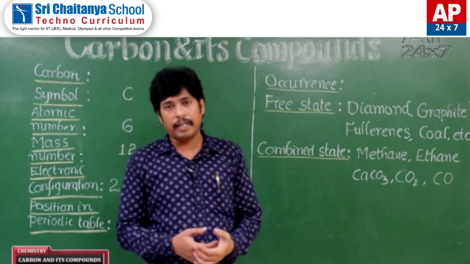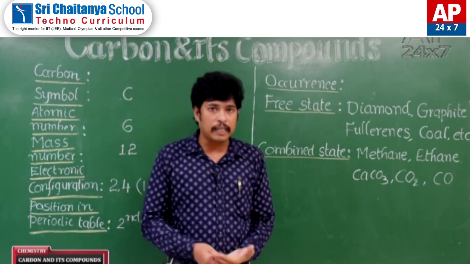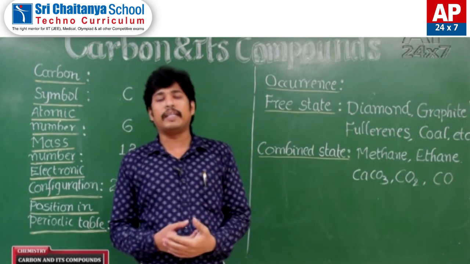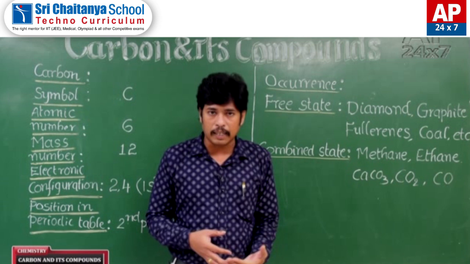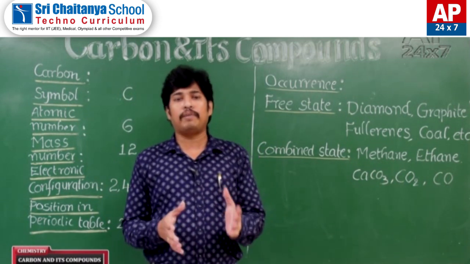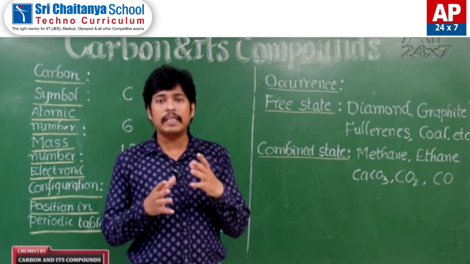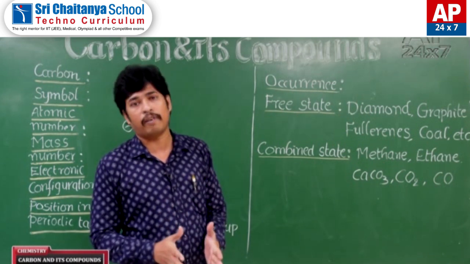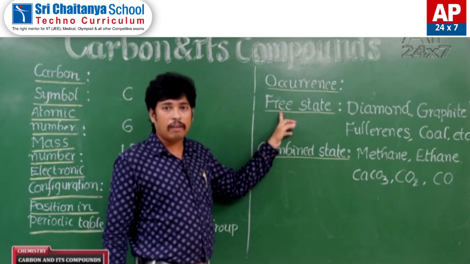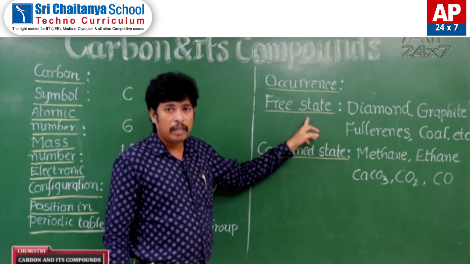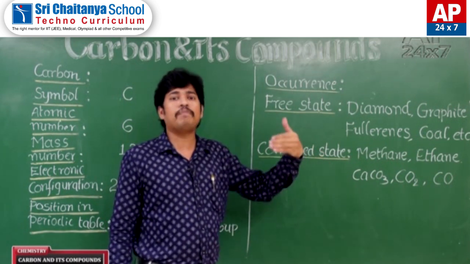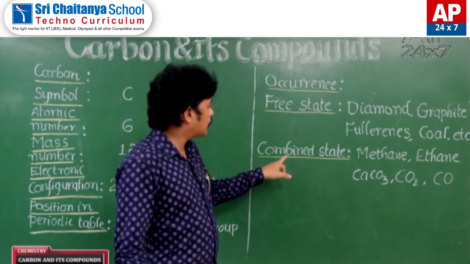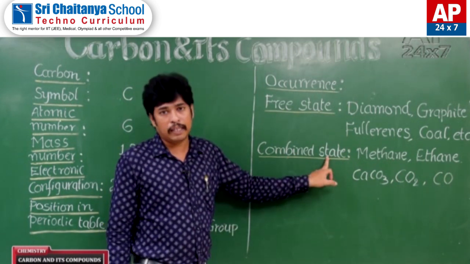The name itself indicates that it is not involved in chemical bond formation, and it exists only in the form of elemental carbon. When it is present only in the elemental form, that form of carbon is called the free state of carbon. Or else if it is involved in chemical bond formation to form different types of compounds, that state is called the combined state of carbon.